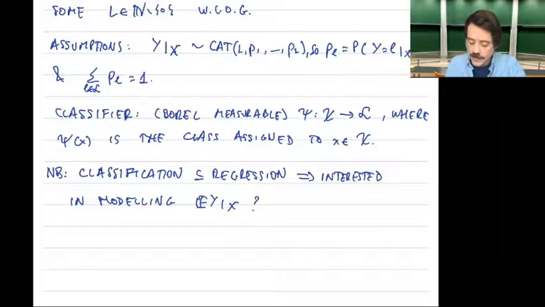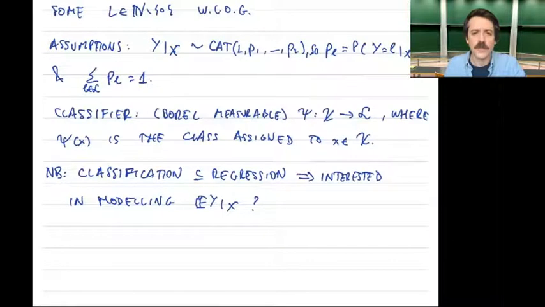So before answering this question, let me simply say that you could be thinking, well, if classification is a special case of regression, then why not put it under the same umbrella? And indeed you could, but classification is already a very important branch of statistics and machine learning in itself. And so that answers why we are keeping it separate.